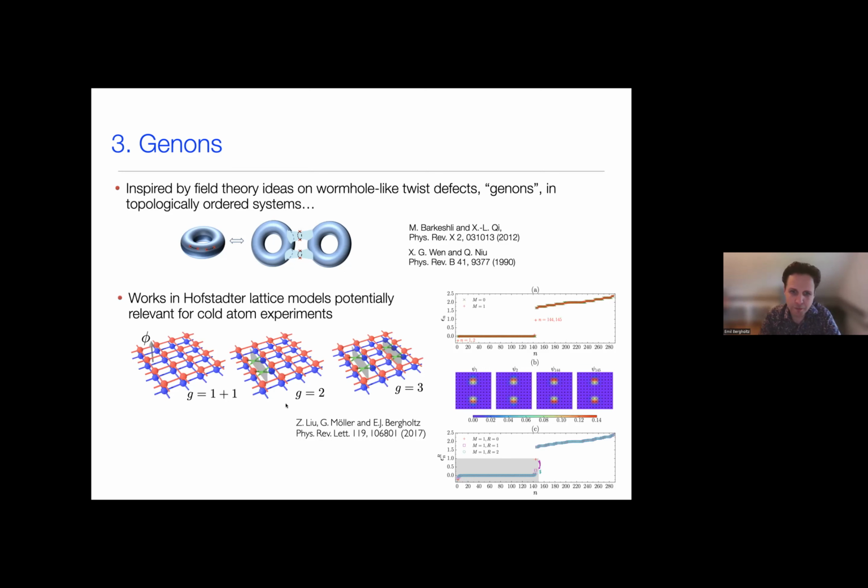We did some work on this in hypothetical cold atom setups with Hofstadter models and so on, and there you can find defects that carry these quantum dimensions and are essentially genons. It turns out, however, if you have flatband models and create defects, you likely create in-gap states that are localized to the defects.